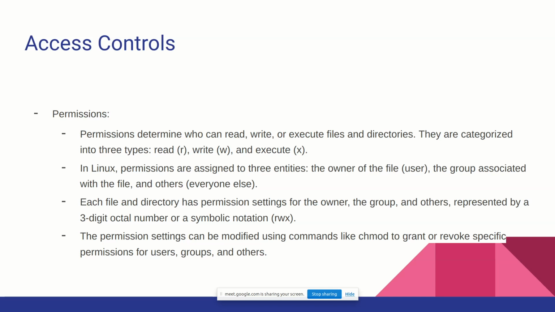So we have three kinds of permissions: read, write, and execute. We already knew that these permissions are for a user. If a file is there, you can give the permission to the user, you can give a permission to a group, and also you can give a permission to all users.